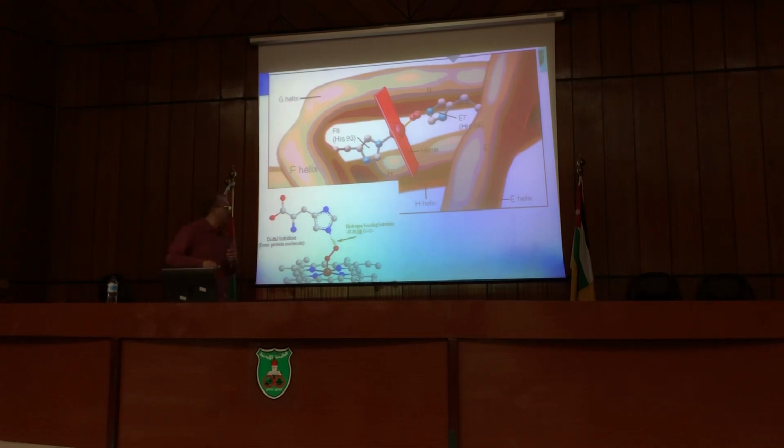What it does is that this distal histidine, because now it's close to oxygen, notice that the bond between oxygen and this iron is kept at an angle. It compromises the interaction between oxygen and iron, meaning that it becomes easy for oxygen to be released.